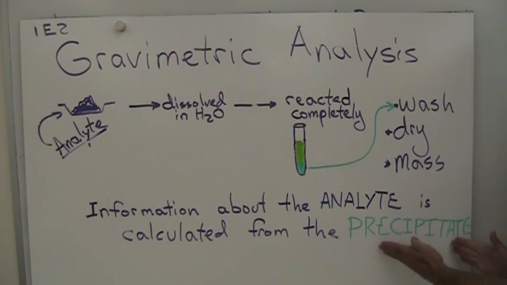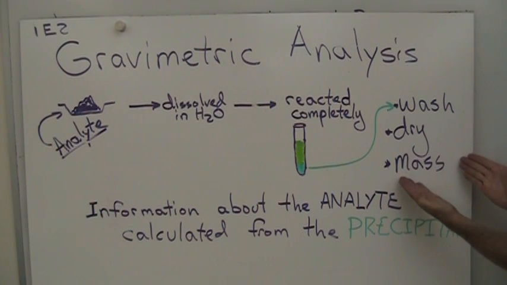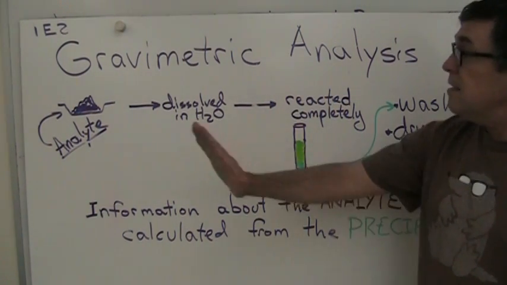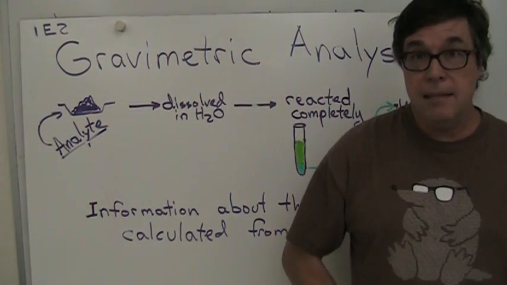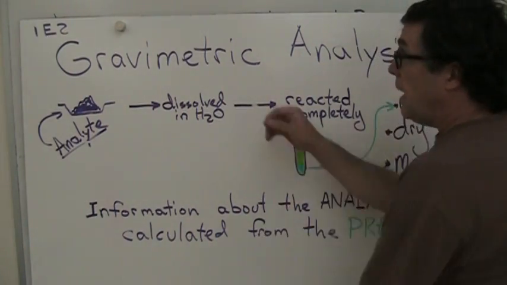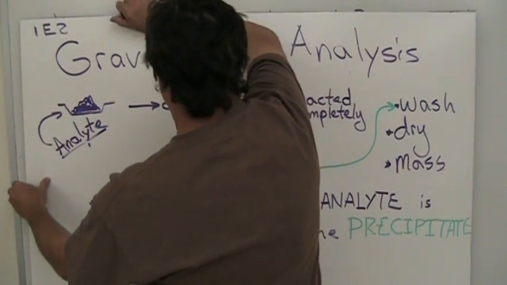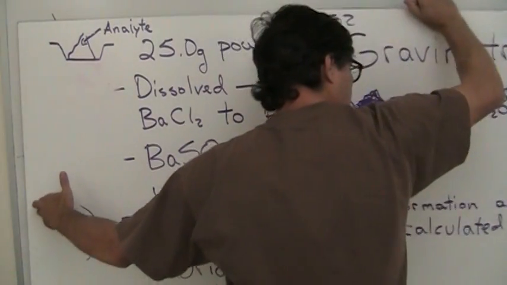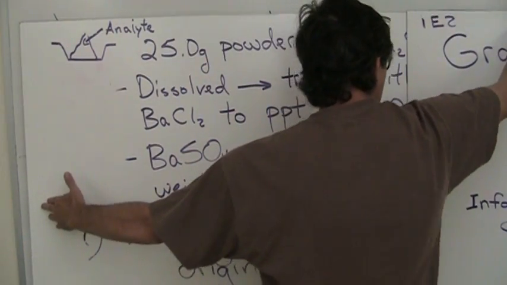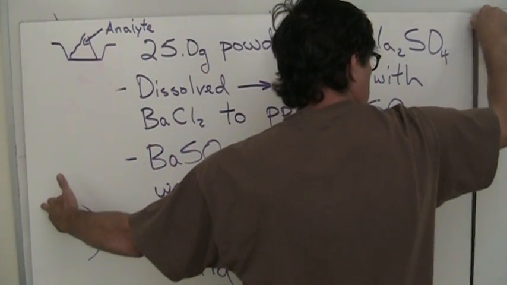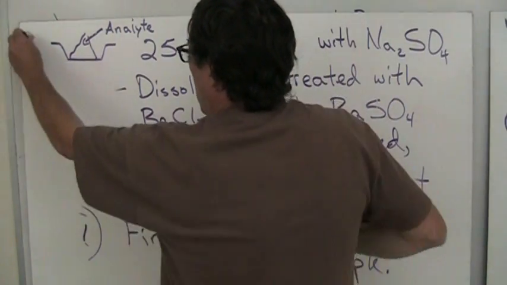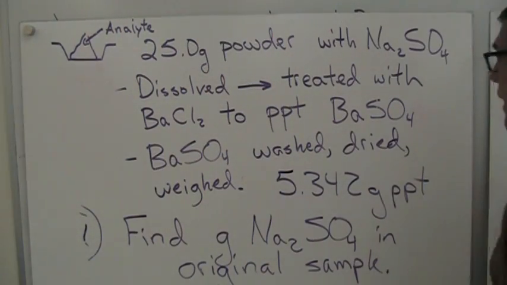So we take this precipitate, and depending on how much there is, it tells us something about the analyte. There are lots of different kinds of gravimetric analysis problems that you should anticipate being able to solve, but they're all about the stoichiometry.